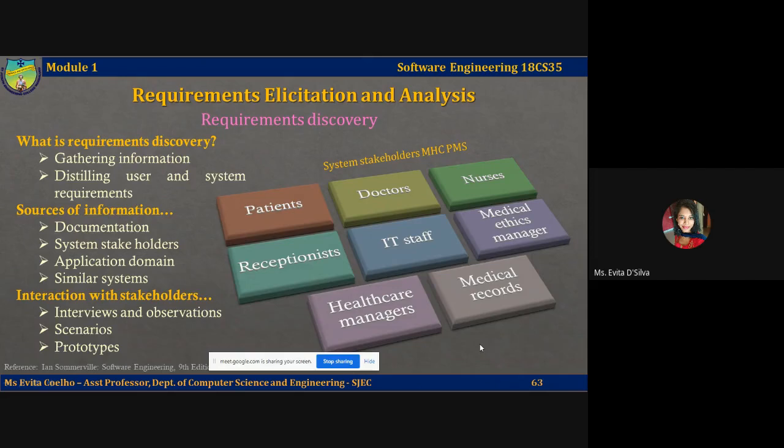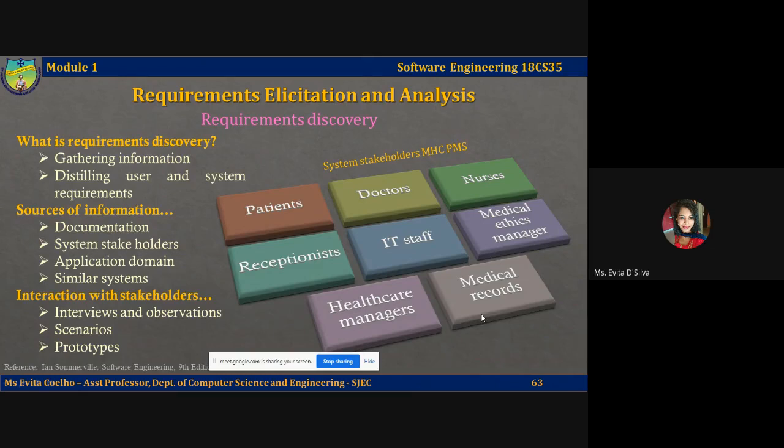These include patients, whose information is being recorded in the system, doctors who are responsible for assessing and treating patients, nurses who coordinate the consultations with doctors and administer some treatments, medical receptionists who manage patient appointments, IT staff who are responsible for installing and maintaining the system, a medical ethics manager who must ensure that the system meets current ethical guidelines for patient care, healthcare managers who obtain management information from the system, medical record staff who are responsible for ensuring that the system information can be maintained and preserved and that record-keeping procedures have been properly implemented.